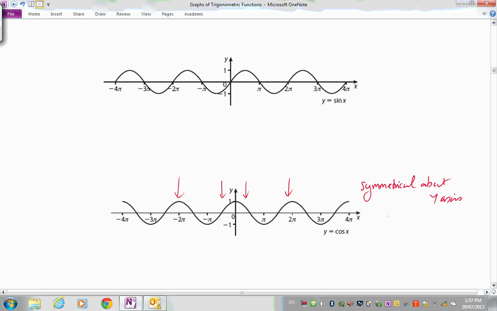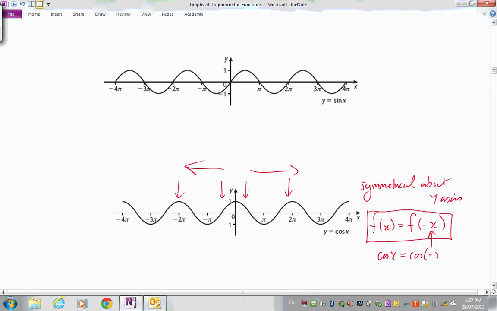Well, what that means is the function value in x is the same as the function value in neg x. Do you remember that? If you put in neg x, you're reflecting the graph in the y-axis. And these are identical here. See the identical pattern. So the function cosine, when you do cos of x, it gives the same value as when you put cos of neg x.